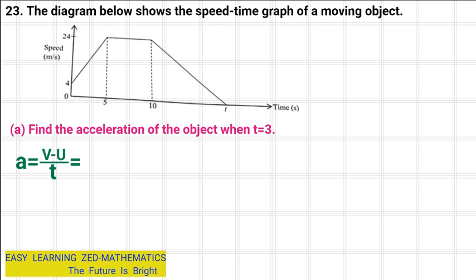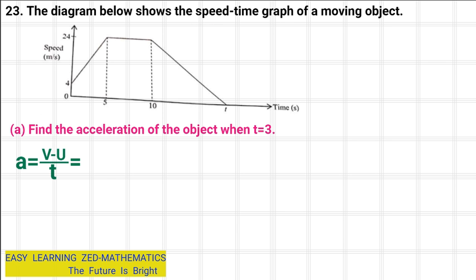Here is what you need to understand. They are telling us to find the acceleration of the object when the time is 3 seconds. Now when you look at the graph, there is nowhere 3 seconds is indicated. However, 3 seconds is between 0 and 5 seconds.